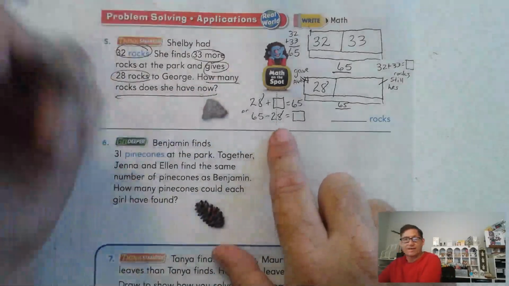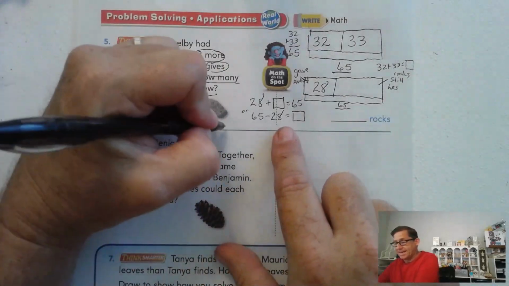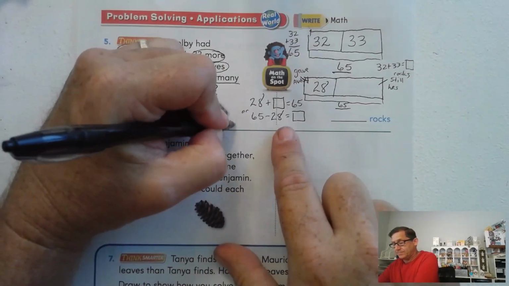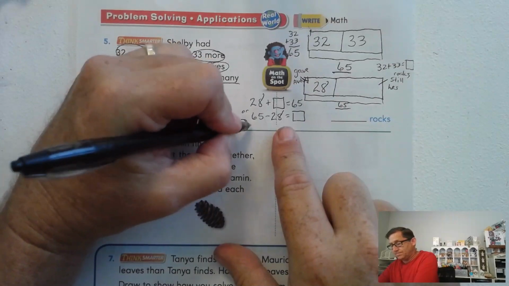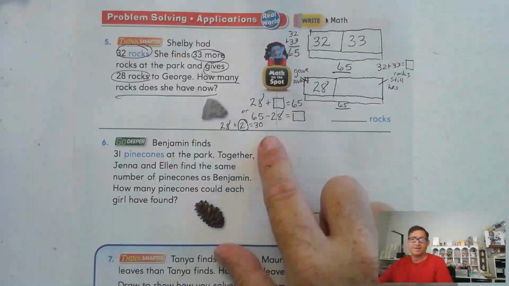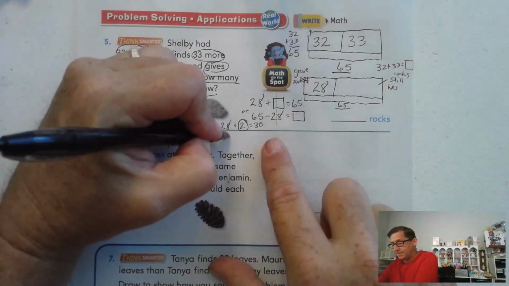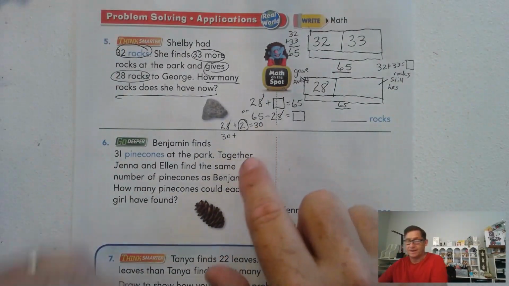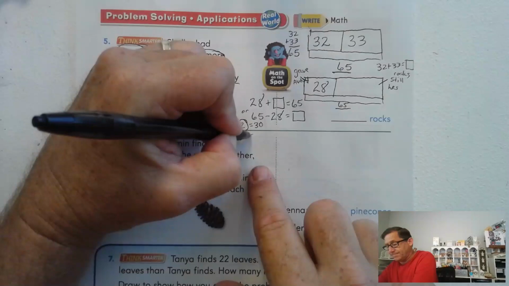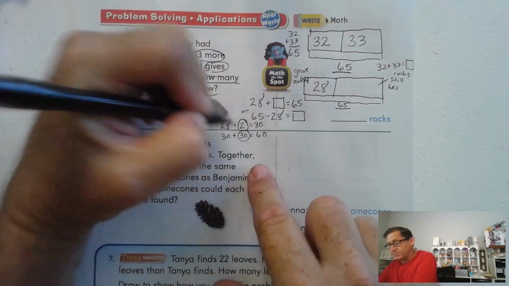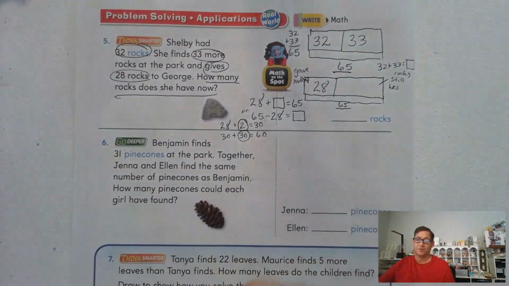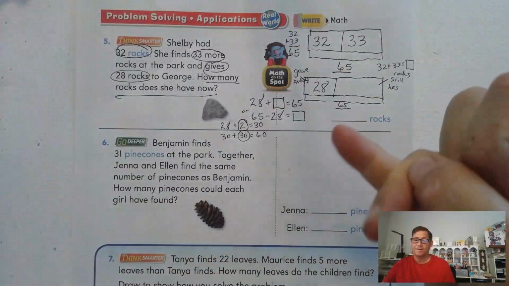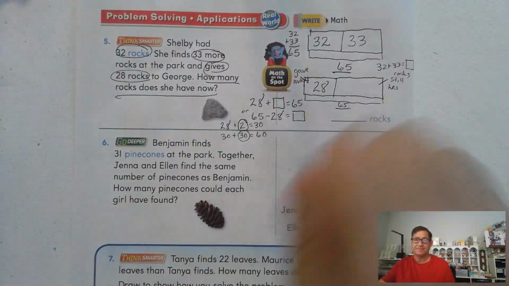So again, I'm going to count forward. So 28 plus 2 is 30. Can I go from 30 to 60? Yeah, by adding 30. So 30 plus 30 is 60. 30, 40, 50, 60. 3 tens.